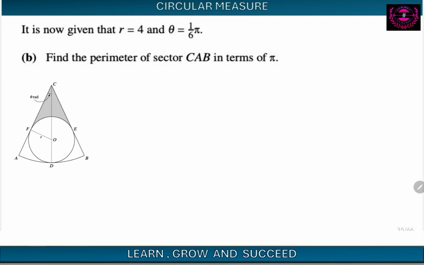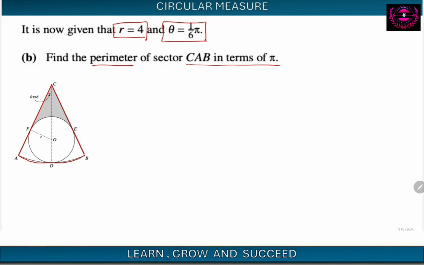It is now given that r is 4 and theta is pi by 6. Find the perimeter of the sector CAB in terms of pi. So perimeter is CA plus arc length AB plus length CB.